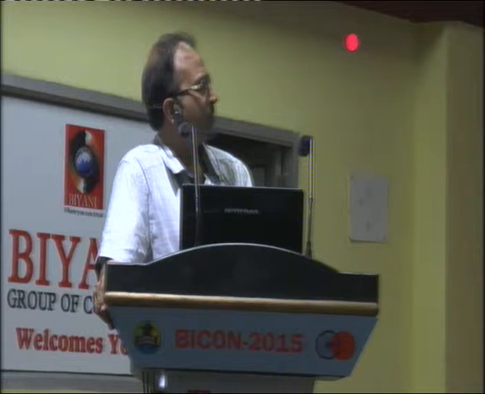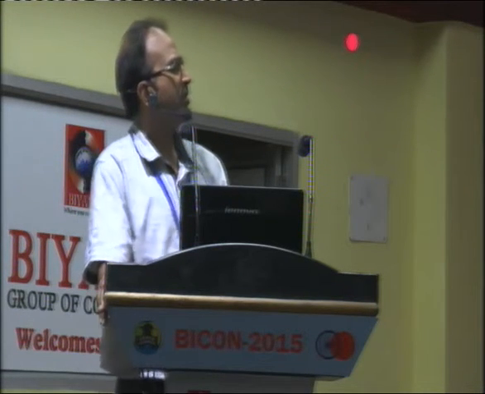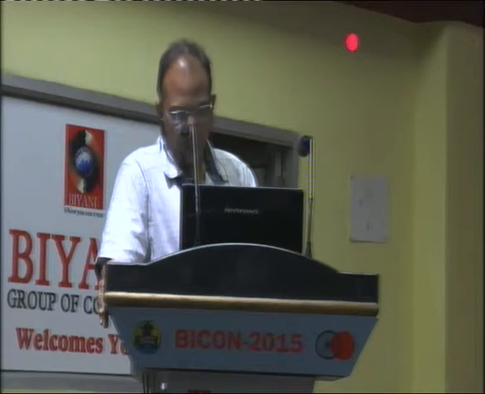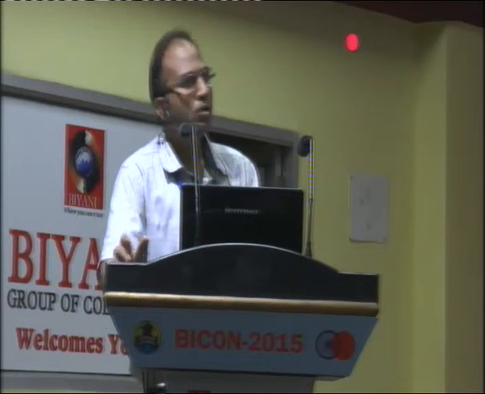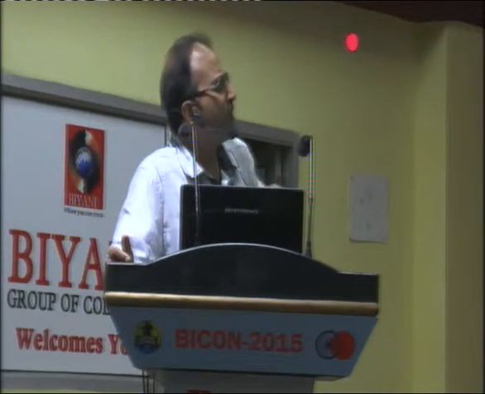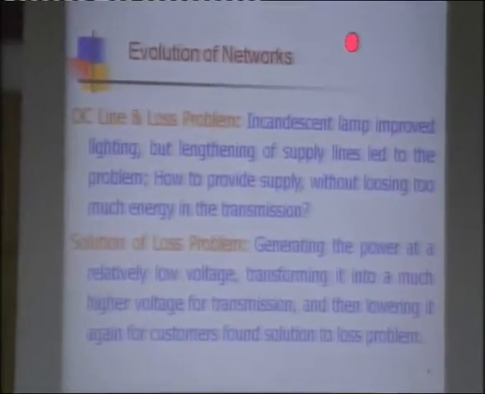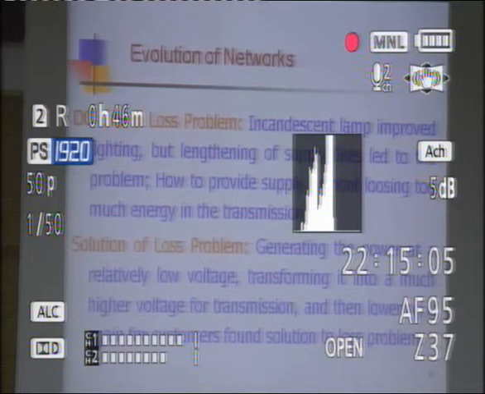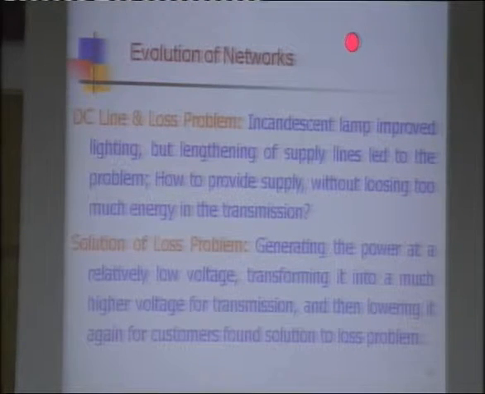Meanwhile, the electricity invention and its accessibility are considered to be the biggest achievements of mankind. We all know. But can you believe that it was only 1878 when the first incandescent lamp was discovered, and the first electric network, only a DC line, was installed in 1882 at Pearl Street Station in New York, which supplied only 30 kilowatt of power.